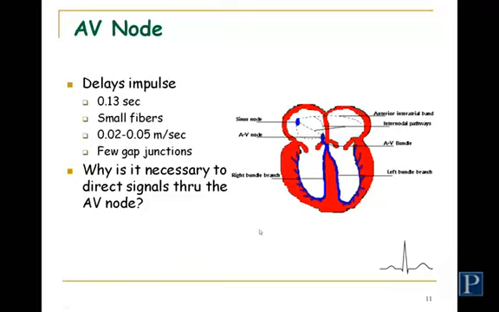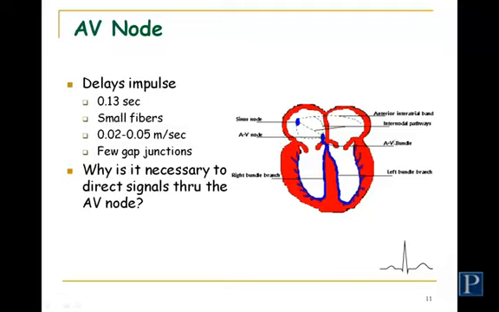So why is it necessary to direct those signals through the AV node? Because I want the significant delay to allow time for the ventricles to fill. But also, I'm sending the impulse to here. Now this picture doesn't show it, but remember the connective tissue that separates the atria from the ventricle and where the valves are attached.